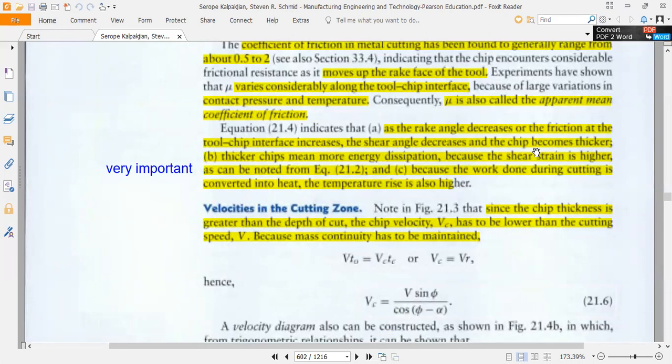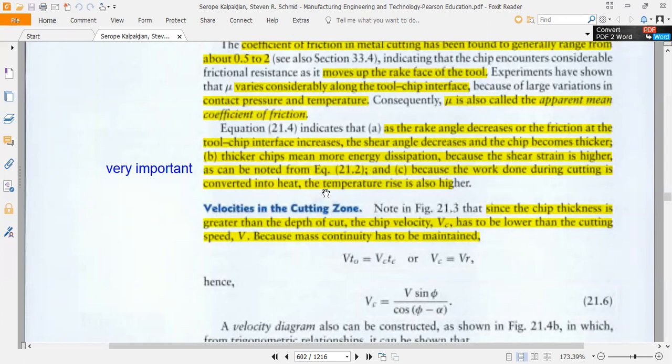Thicker chips cause more friction and require more force. Thicker chips mean more energy dissipation; more energy will be required to perform the shearing operation, because the shear strain will be higher. And it is also clear from this equation, because the work done during the cutting is converted into heat.